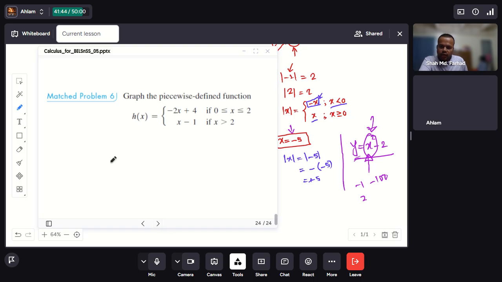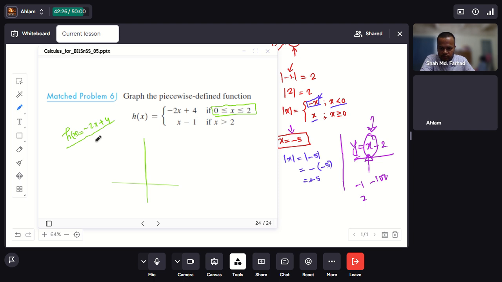And here we have another two functions, that is h of x. So h of x equals negative 2x plus 4 when the value of x is in between 0 and 2, where 0 and 2 both are included. That means this one will be negative 2x plus 4. It is a linear function, right?